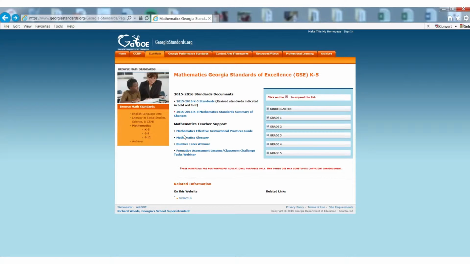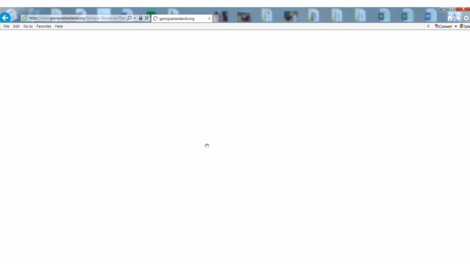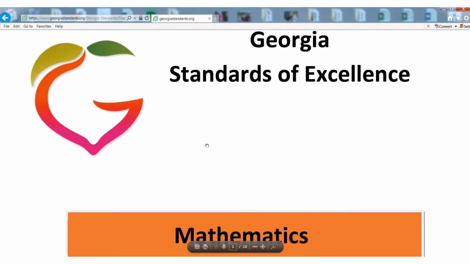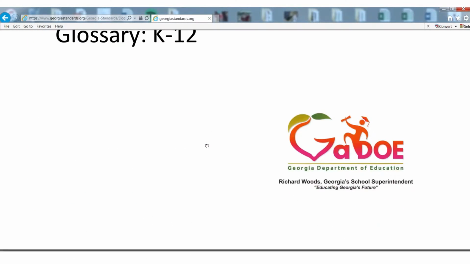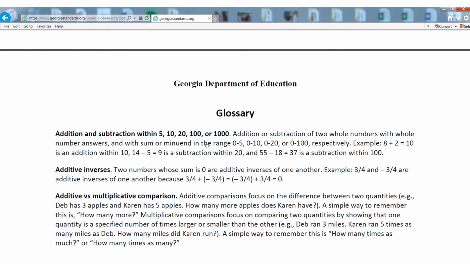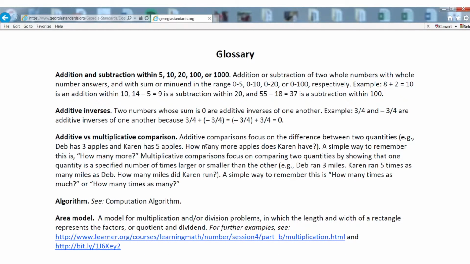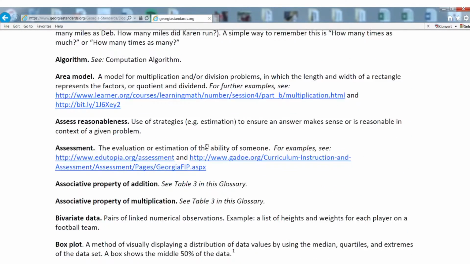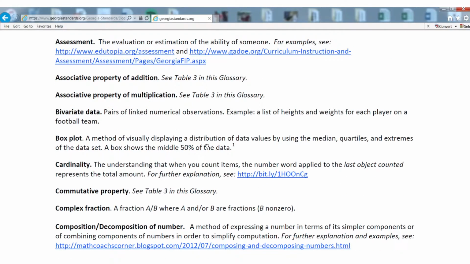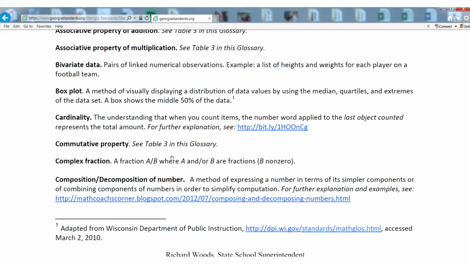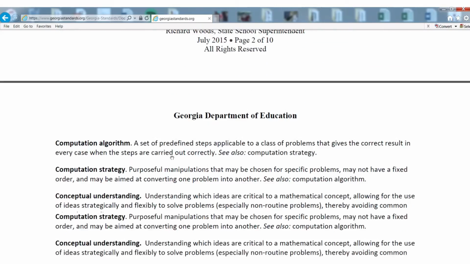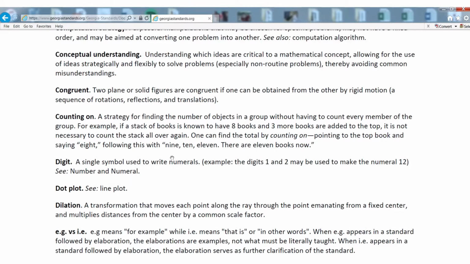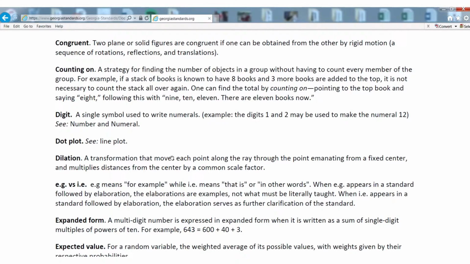Going back to that page, one of the best pieces of this is the mathematics glossary. You can open that up, and it gives you information about terms that you may hear your students use that you might not be familiar with. This is very important and has been helpful to me as a parent to know the terms that are being used and that are above what we ever learned growing up as students.